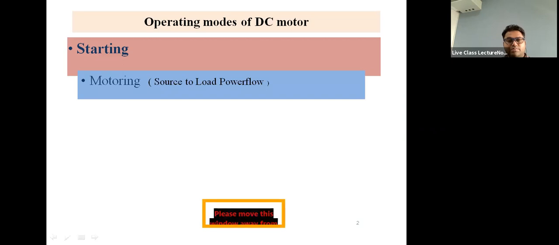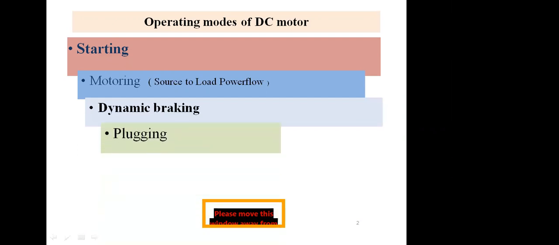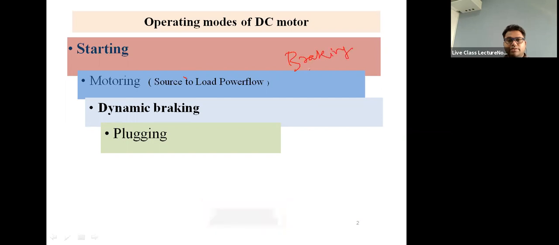Starting means it will draw power from the source. Then we have the braking things. Braking takes into account three things. First of all, dynamic braking.